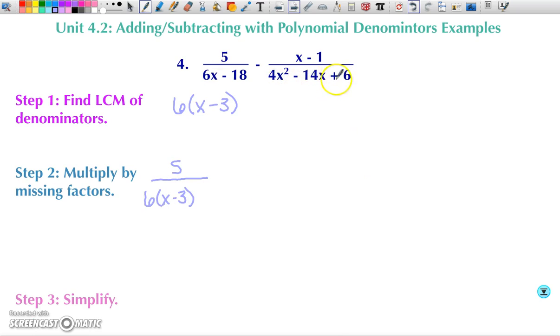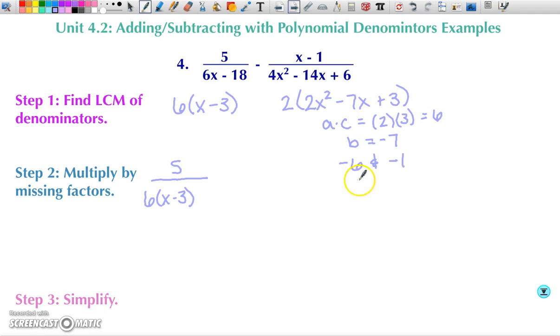Now here, we have to take out the GCF, so we take out a 2 first, and that leaves us with 2x squared minus 7x plus 3. And then A times C, which is 2 times 3, gives you 6, and your B term is a negative 7, so that would be a negative 6 and negative 1, and you need to divide by your A term to give you a negative 3 and a negative 1/2.